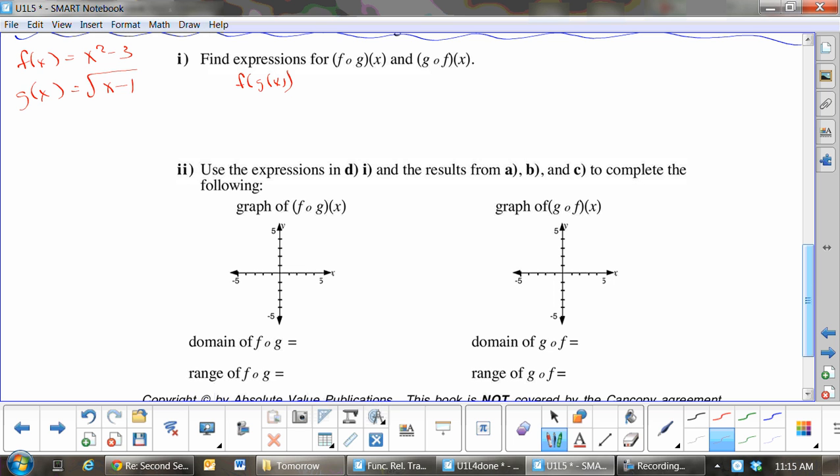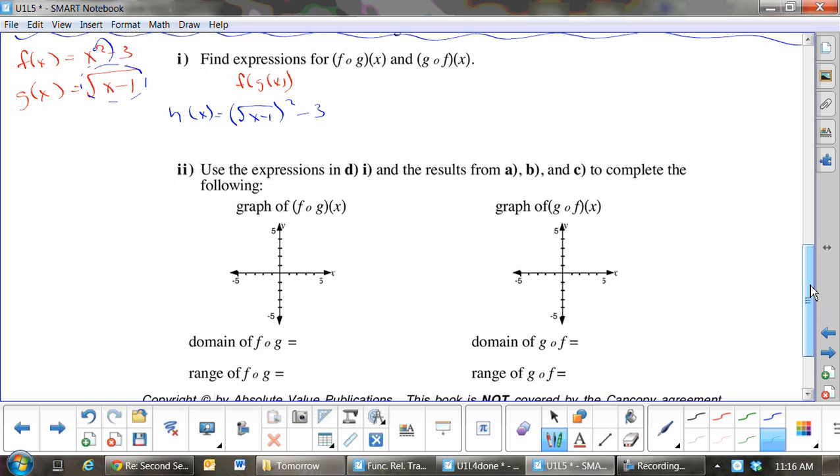Okay, so that helps me, right? I want g of x inside f of x. So that is going to equal, remember, this is going into here, right? So I always want to substitute with brackets. And we can call this even h of x, like that's our new function.